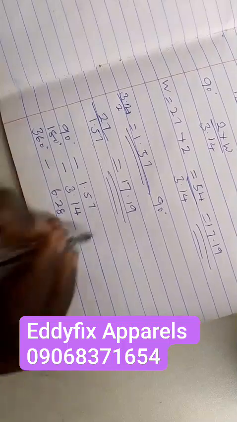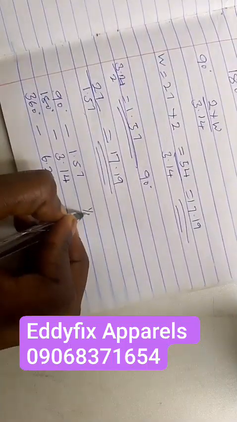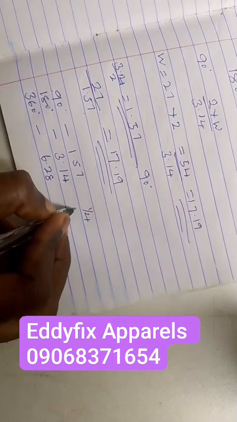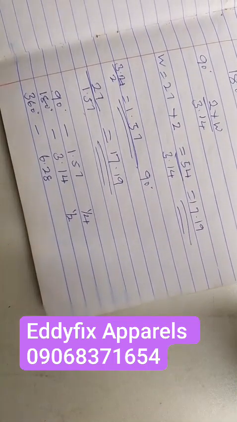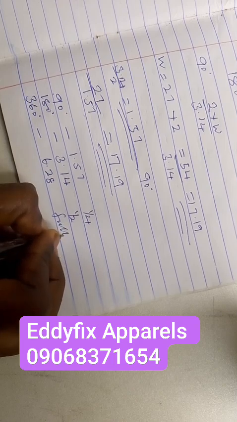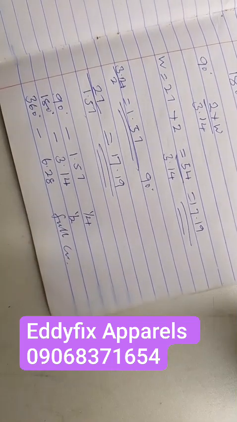So this 90 degree is a quarter circle. 180 is a half circle, while the 360 is a full circle.